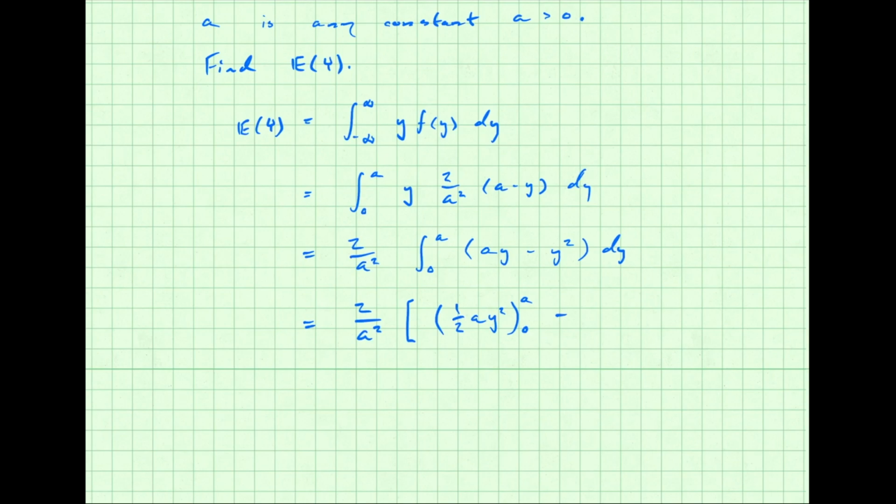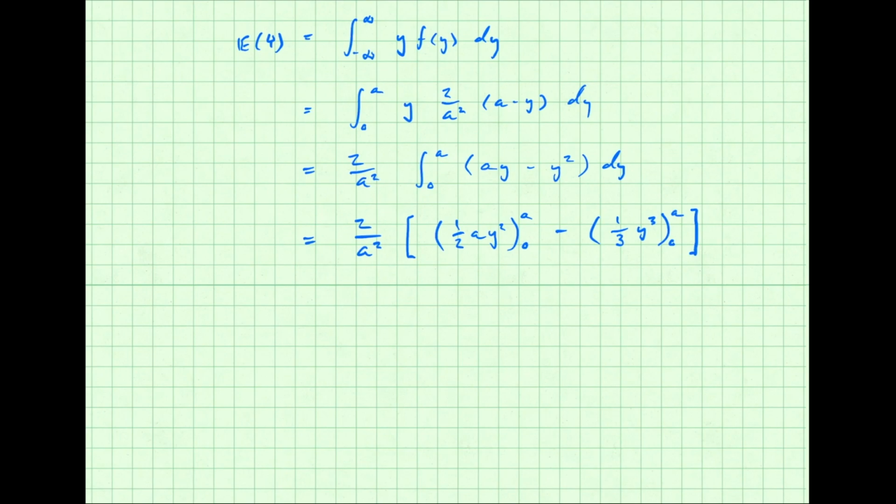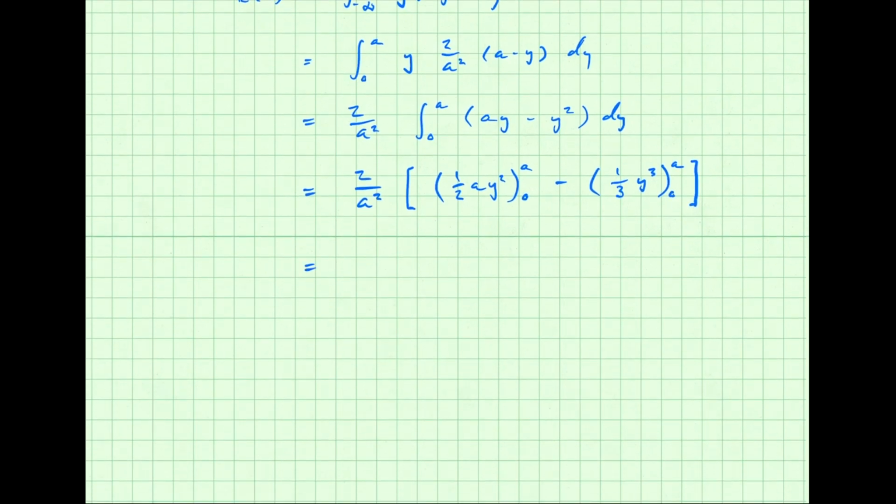The integral of y squared is 1/3 y cubed. Again, you can differentiate it to check it. So that's 0 to a. We clean this up a bit, that is, we evaluate the limits there, and what we get is 1/2 a cubed minus 1/3 a cubed.